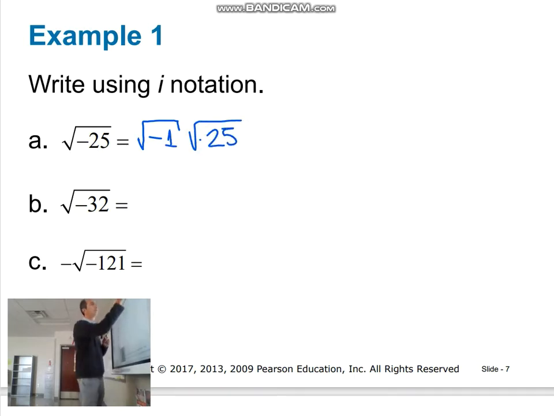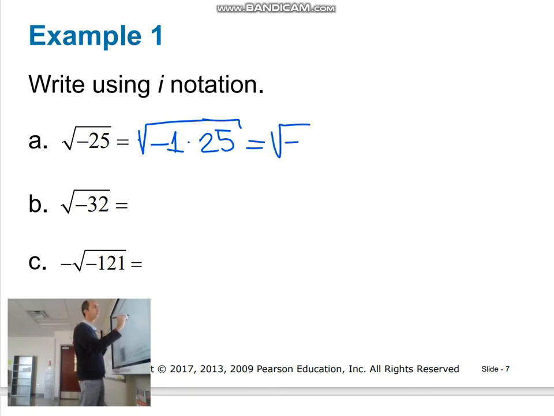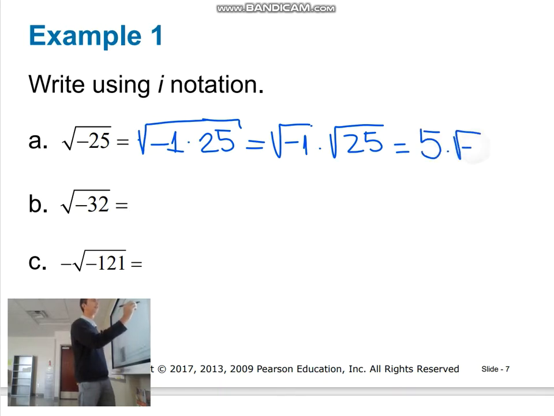Remember? Let's go back one step. This is equal to square root of -1 times 25. Right? And we can break it down as square root of -1 times square root of 25. We know square root of 25 is equal to 5, right? So we can write this as 5 times the square root of -1.